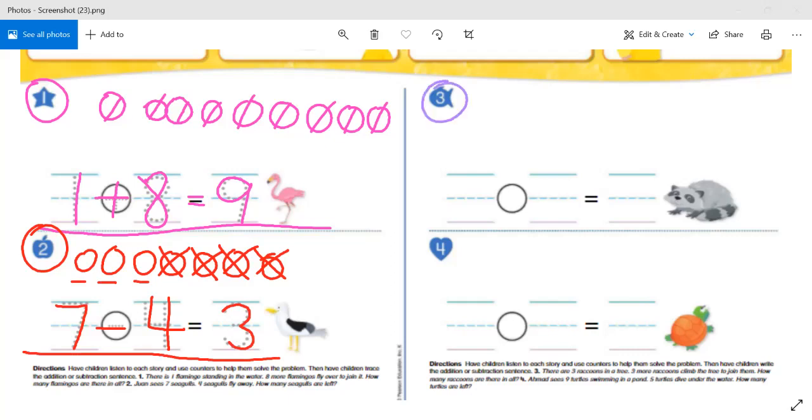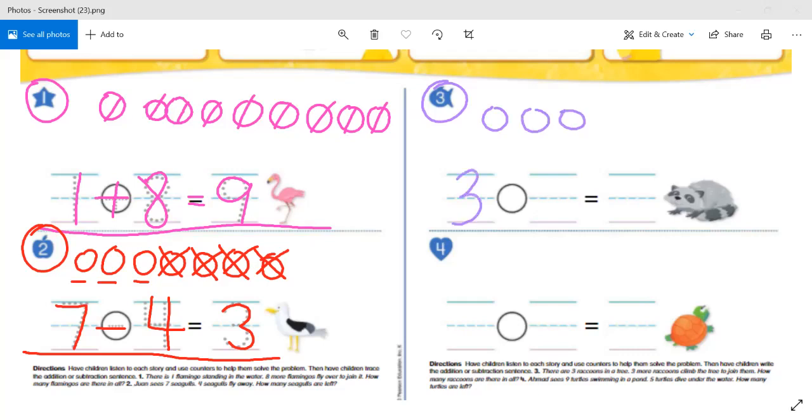All right, let's look at number 3 now. You're going to listen to the story again, and you are going to tell me, is it an addition or a subtraction story? There are 3 raccoons. 1, 2, 3.